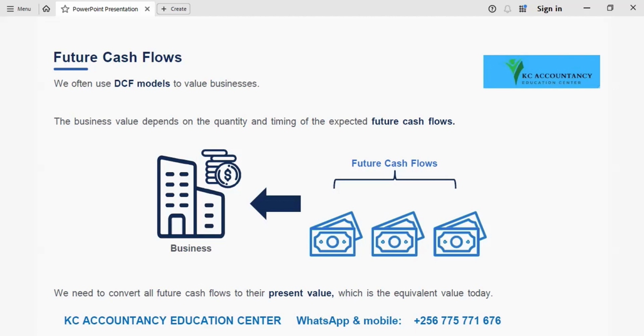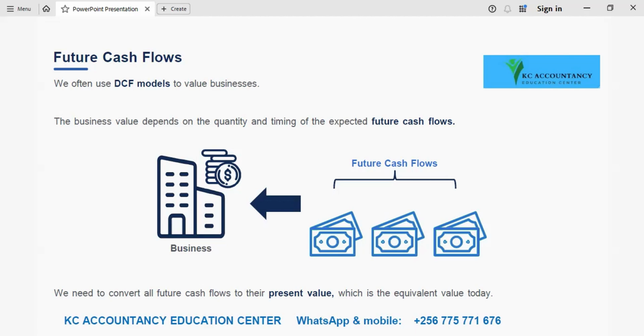We can think about a business as something which generates a number of future cash flows. Once we take all of these future cash flows, we discount them back in time to arrive at a present value.